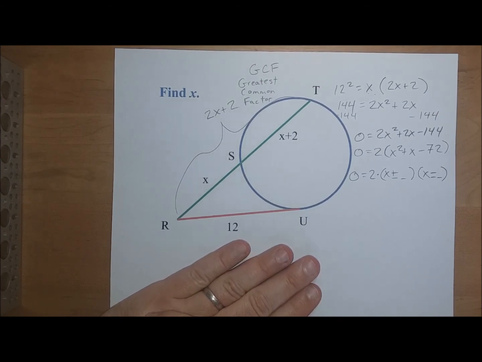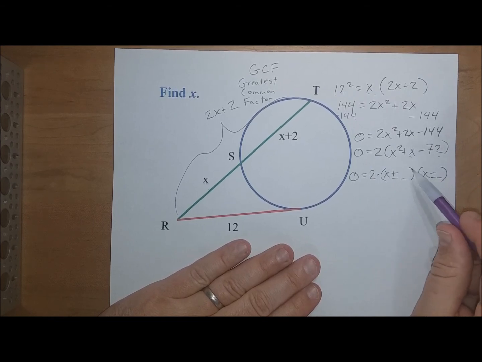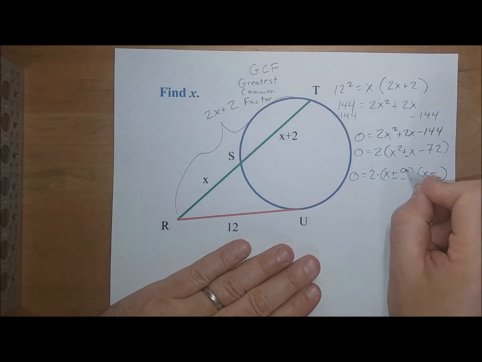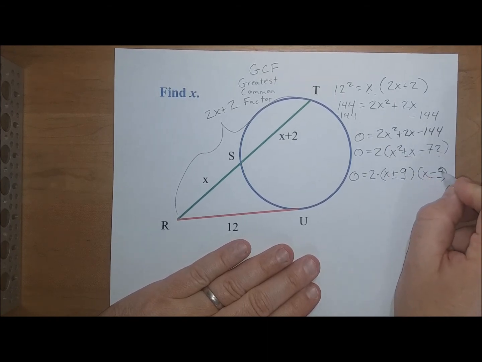Okay, so what numbers multiply to negative 72 and add to positive 1? You got 9 times 8 is 72, if I had positive 9 and negative 8, they would add to positive 1. That's what I'm looking for. X plus 9 times x minus 8.